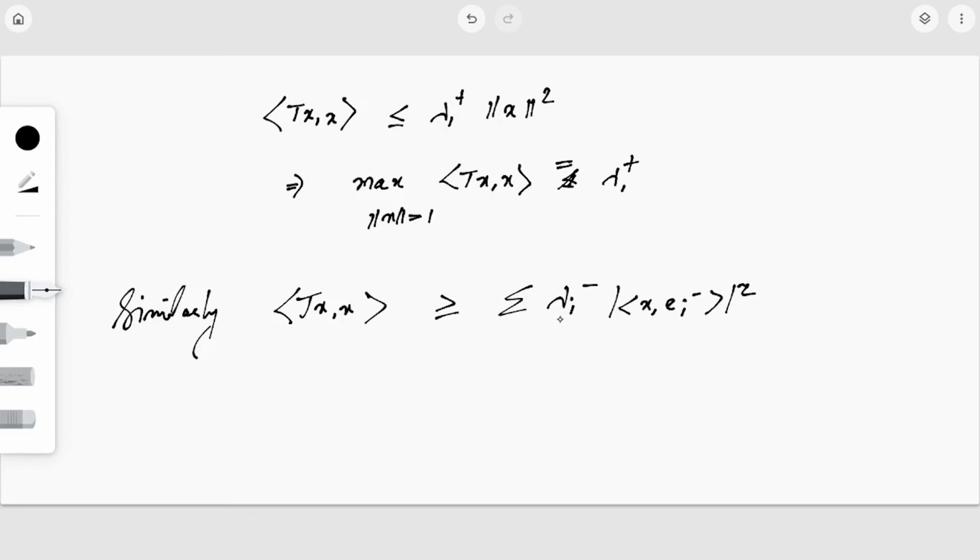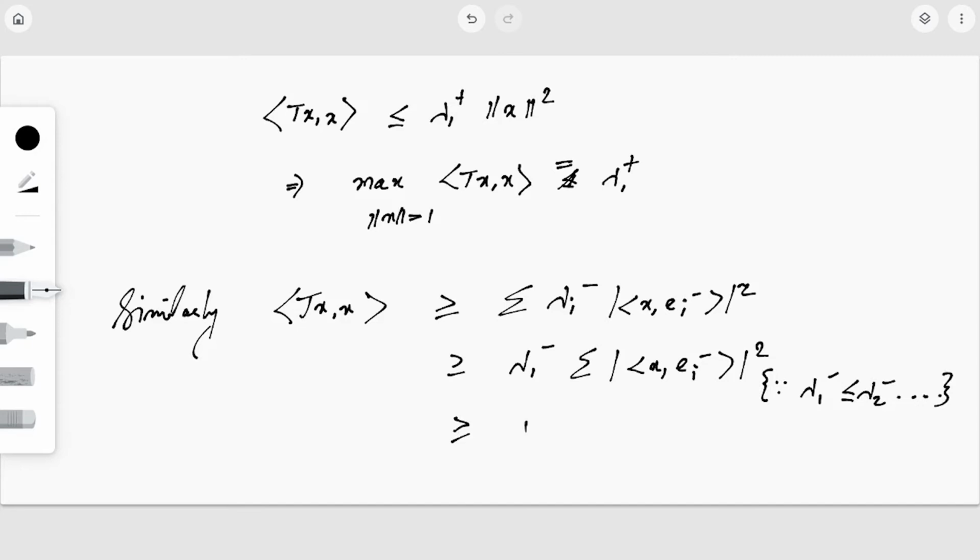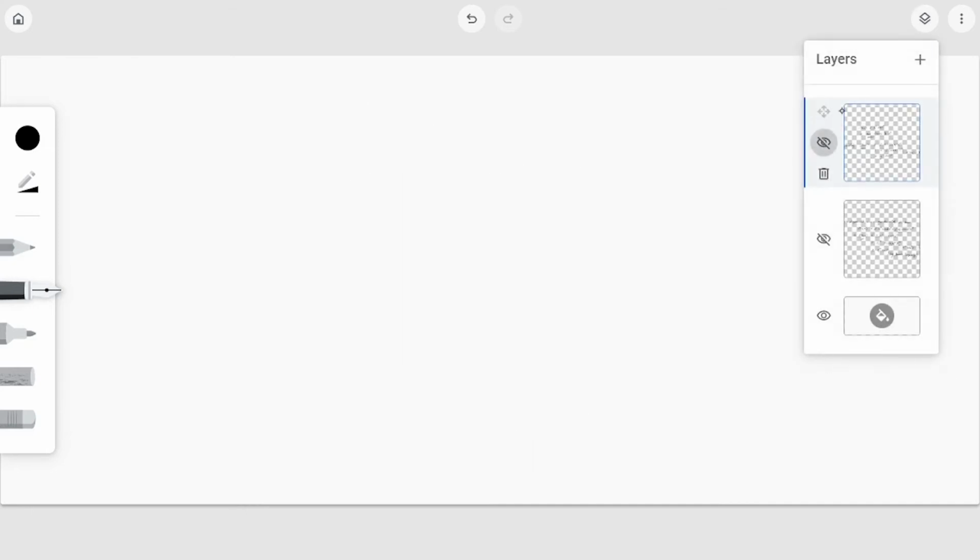And since each term will be greater than or equal to λ₁⁻, it is the same expression and same concept, except we will be using the other inequality: λ₁⁻ is less than or equal to λ₂⁻, and so on. And again by Bessel's inequality I will get this is greater than or equal to λ₁⁻ into norm x square. So the not maximum, the minimum value of ⟨Tx, x⟩ when norm x equals 1 will be equal to λ₁⁻. So this is how we have proved the first part of the corollary.